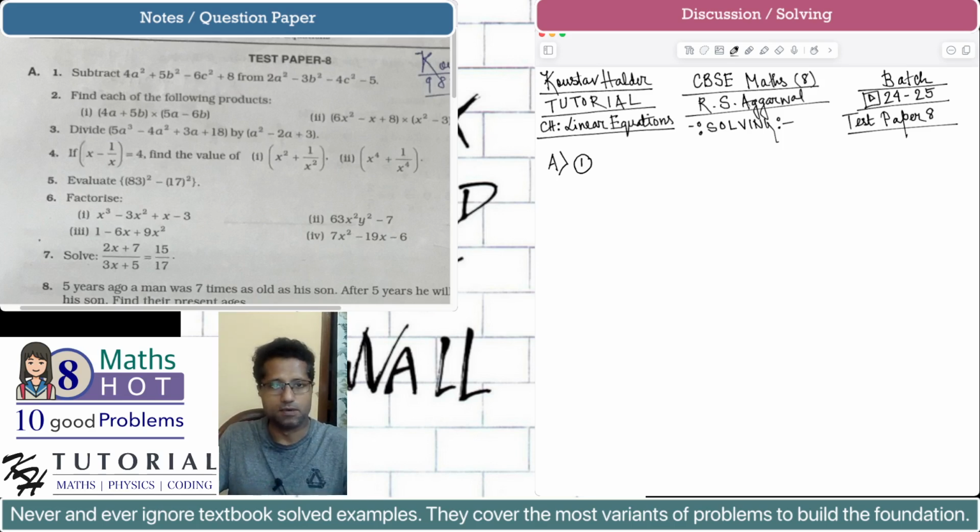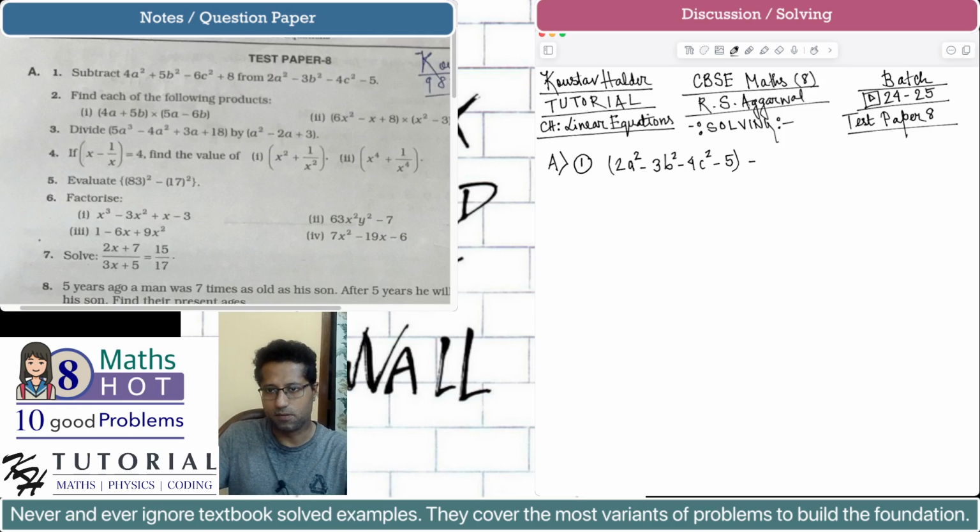Anyway, it is asking to subtract one expression from another. We have the algebraic expression 2a square minus 3b square minus 4c square minus 5.